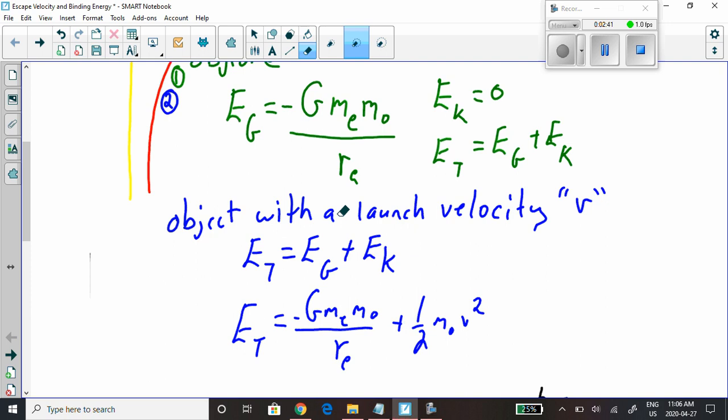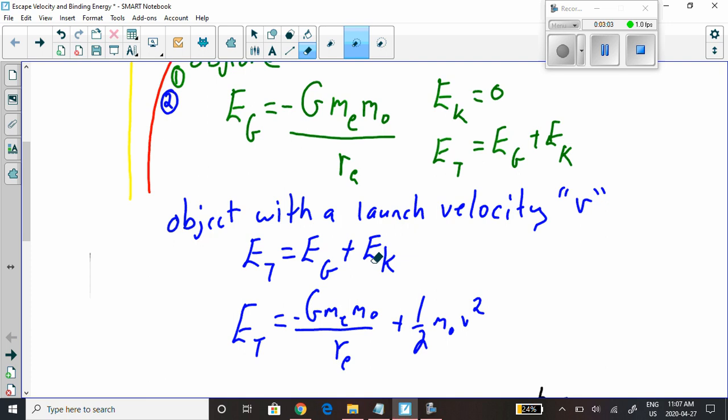So some ball being launched out into the air. So what's its total energy? Well, ET is equal to the gravitational potential energy that the object would have. You would calculate it in exactly the same way. We're not going to launch you, so the mass of the object might be different. Let's say we're launching a ball.